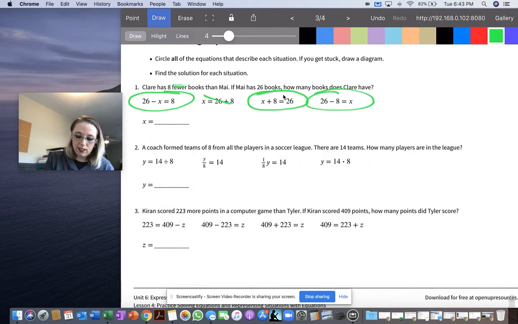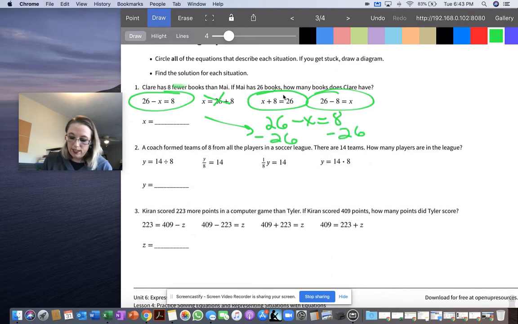Okay, so one of these is not a solution because it's saying more than. So let's solve this one out. 26 minus x equals 8. Minus 26, minus 26.